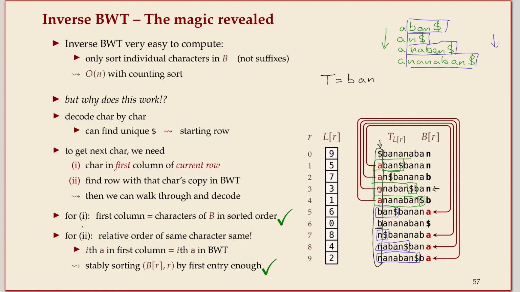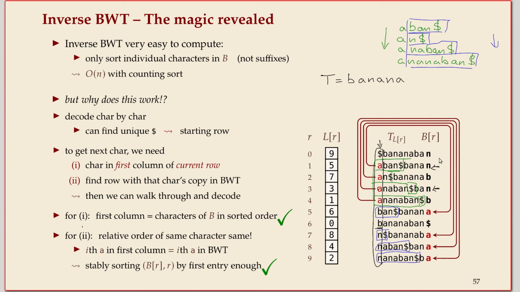We find the thing at that position is an A, and it's actually the third A. So we go to the 1, 2, 3, third A. Jump to the beginning, that's an N. It's the middle N, the second, so I go to this position. There I find an A again.